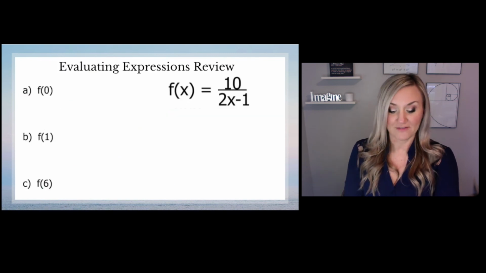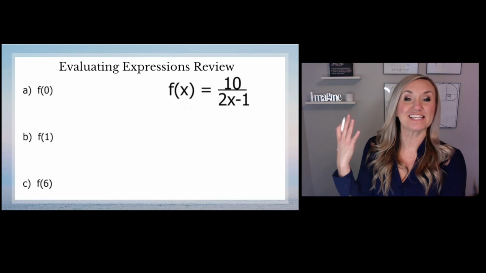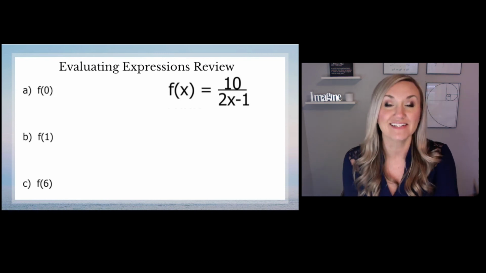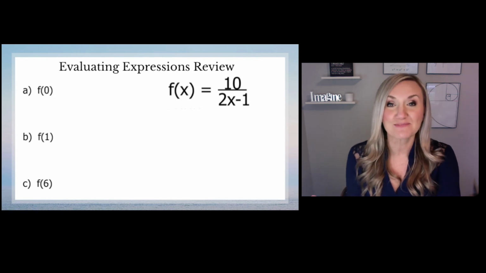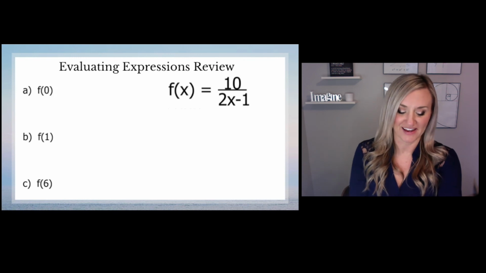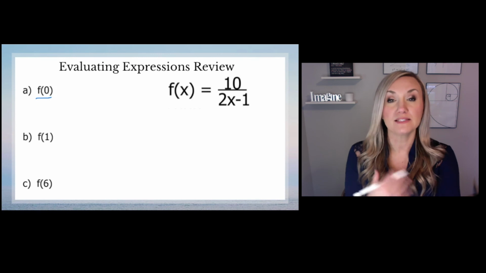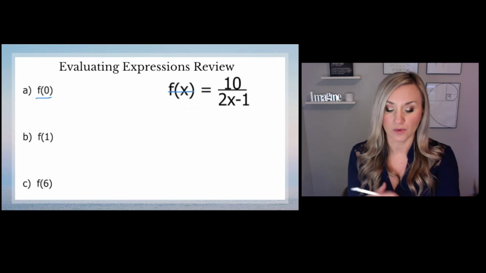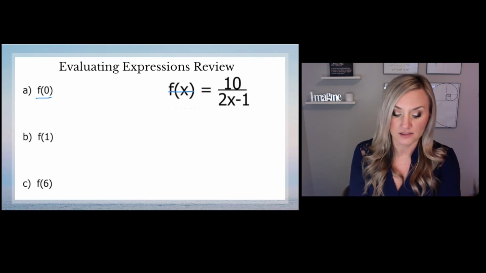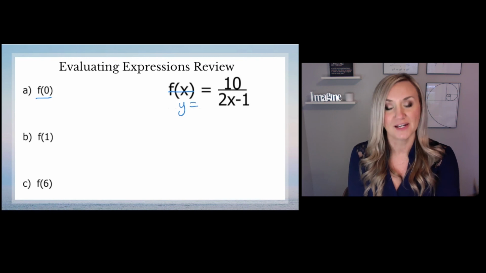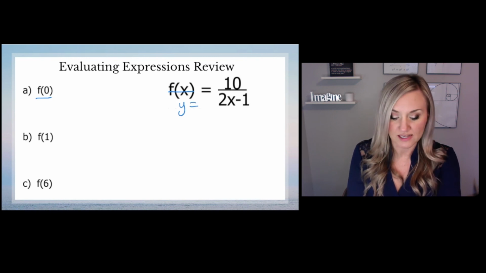All right. Very last example review. Let's evaluate expressions. Absolutely. Let's do it. Okay. So notice the f of 0. That means that we're going to be taking 0 and we're going to plug it in for x. Don't plug it in here. Remember, that's just a fancy way to say y equals.